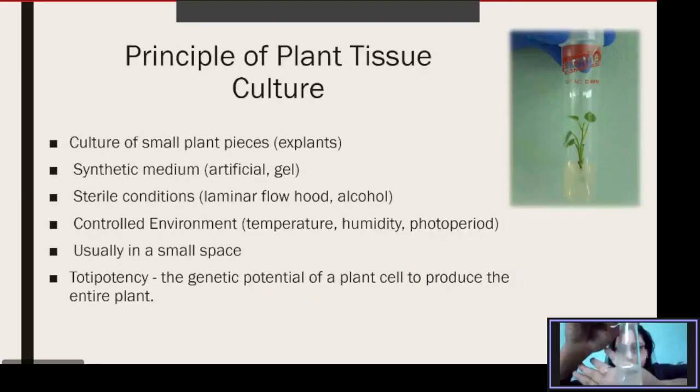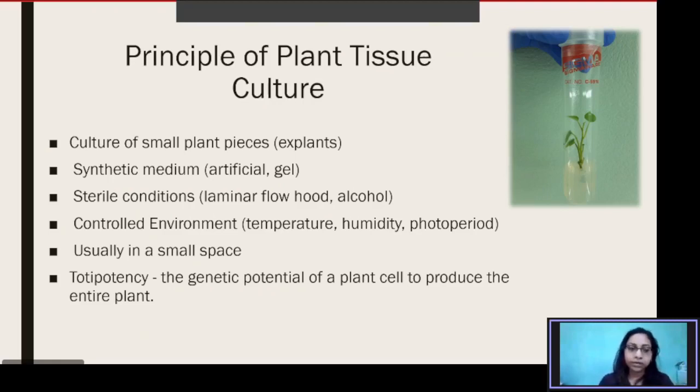I'm not sure if you can see this. This is the callus within a test tube. This is the mass of undifferentiated cells. It is a lot like stem cells in animals, where they have no purpose at that time.